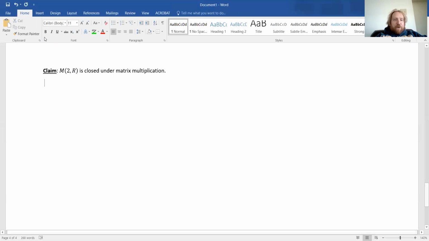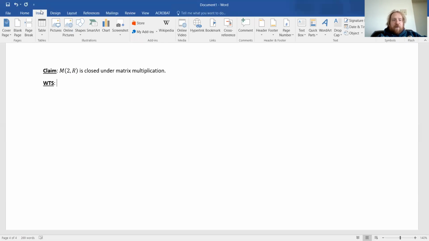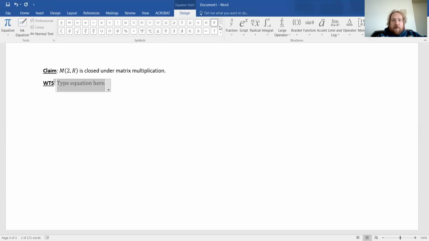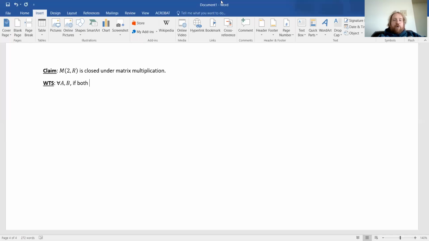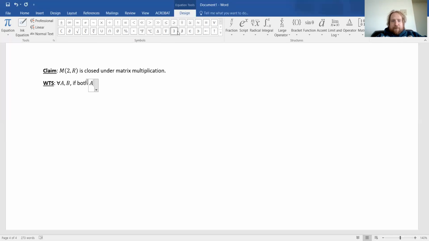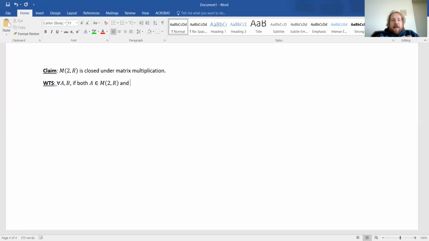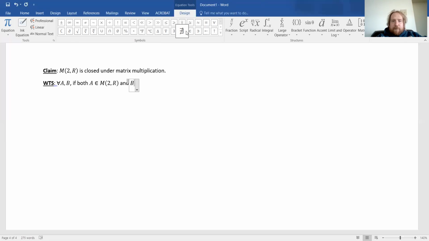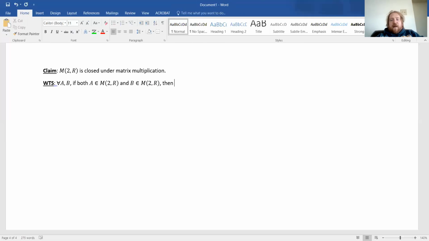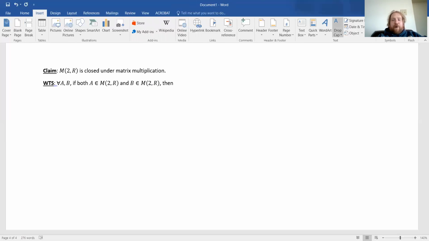So if we apply the definition of closure to the set M2R under matrix multiplication, what we want to show is: for all A, B, if both A is in M2R and B is in M2R, then A times B is also a member of M2R.